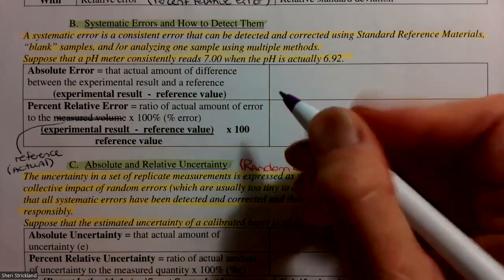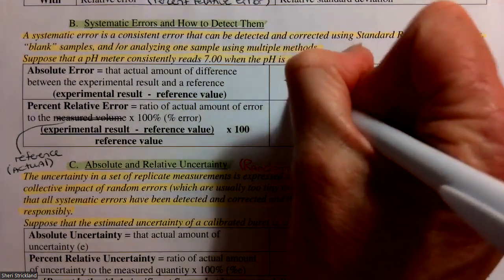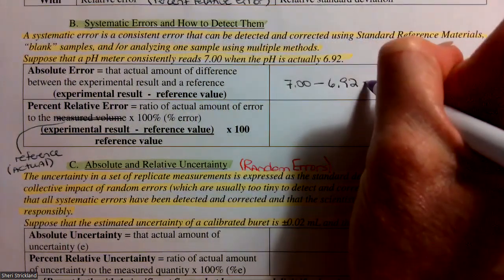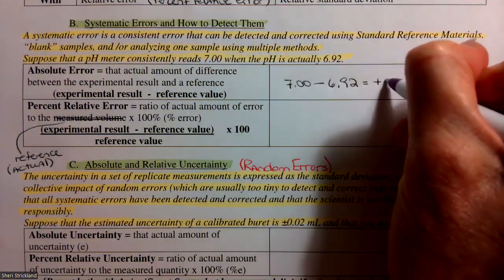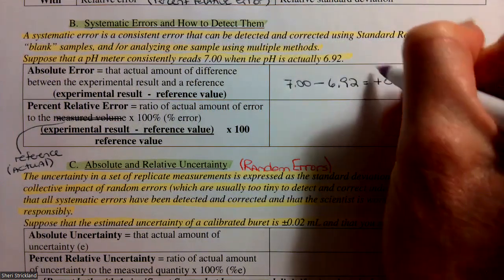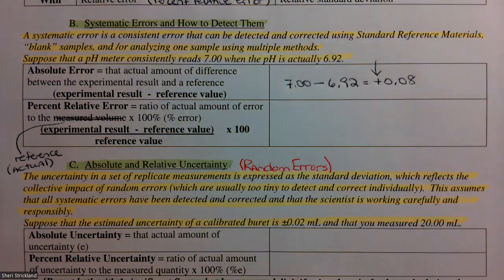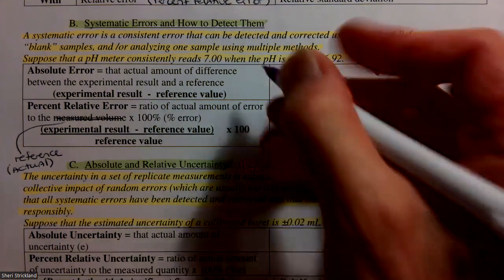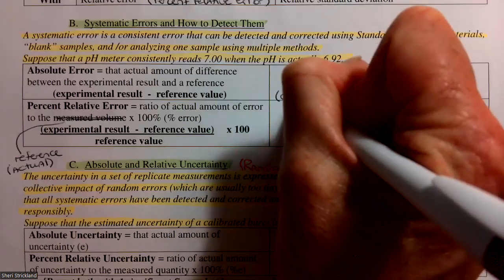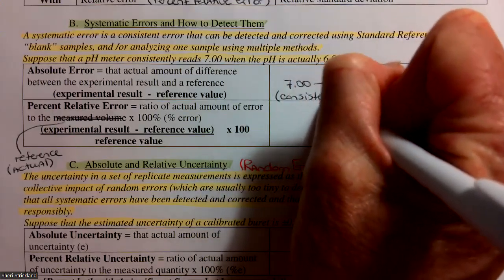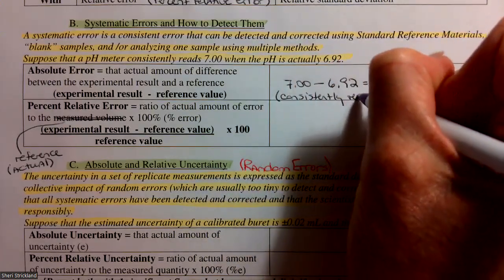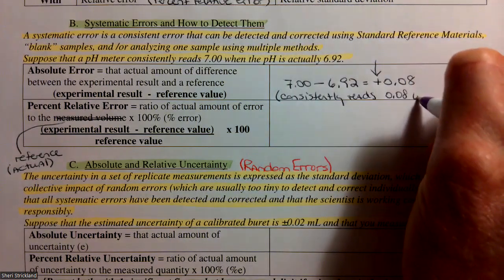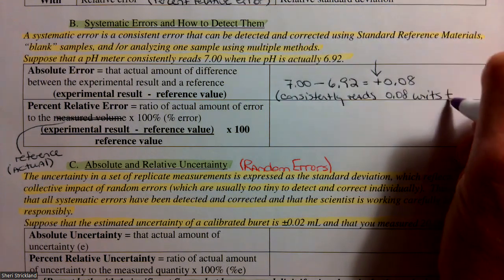So in this case, it would be 7.00 minus 6.92, which would be plus 0.08. And the plus is important because it tells you that the measurements are too high. So you would say that this meter consistently reads too high. In fact, 0.08 units too high.